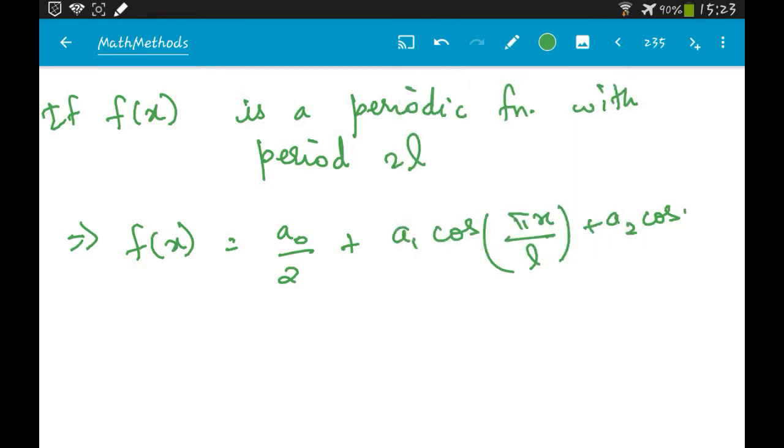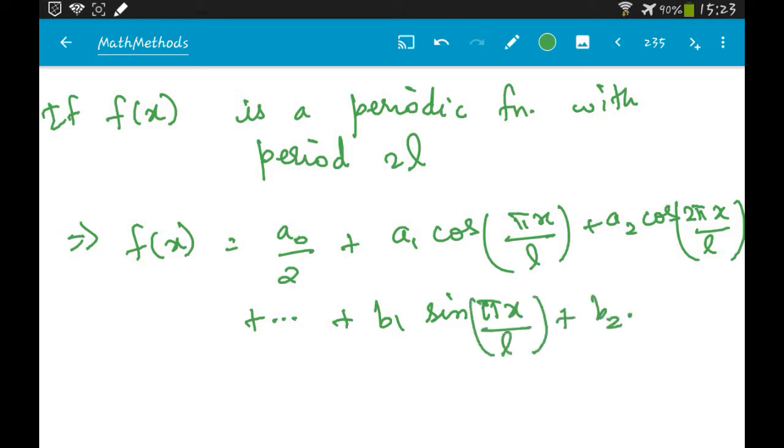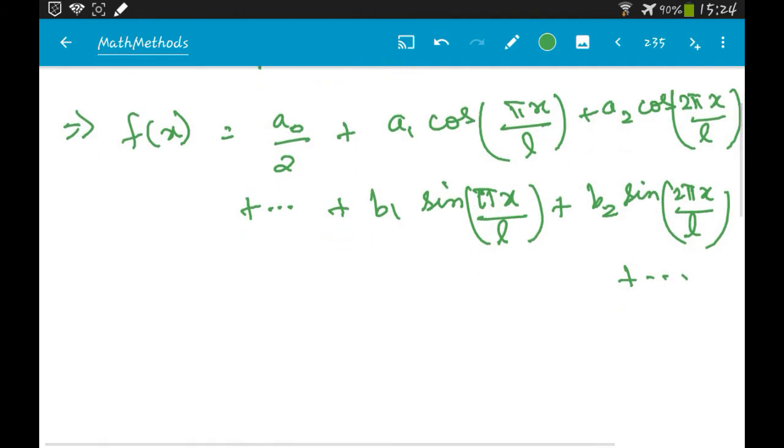And then here you have a2 cos 2 pi x by L and so on, plus b1 sin pi x by L plus b2 sin 2 pi x by L and so on. You can simplify the writing of this function using the summation.